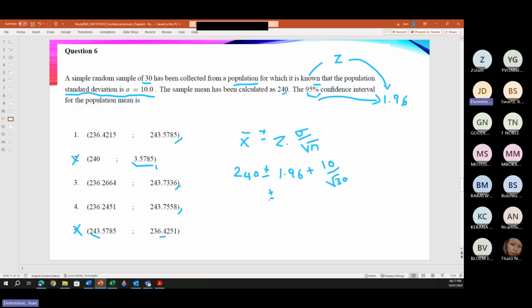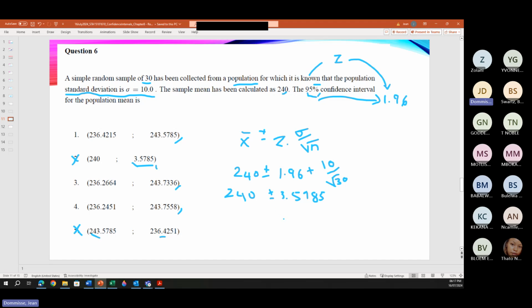Again, I made a mistake. And that gives me 1,8257 times 1,96. So 240 plus minus 3,5785, which was actually that one that we can work with.